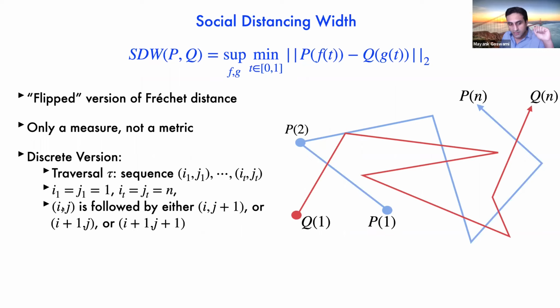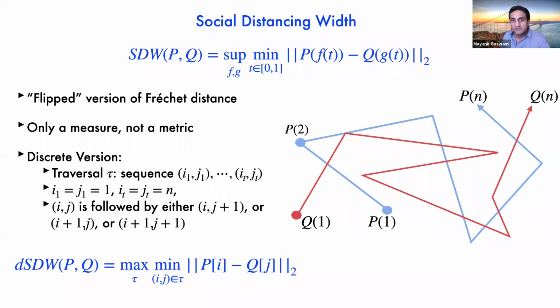And from any position ij, you can only have one of three possibilities: either the red agent moves, so i, j plus 1, or the blue agent moves, so i plus 1, j, or both of them move together. Okay? So this is a discrete version of the traversal.